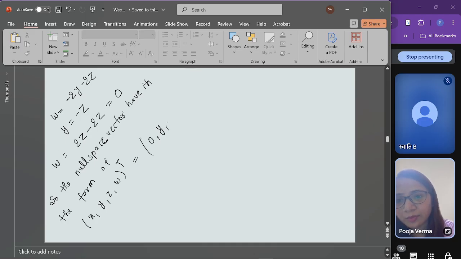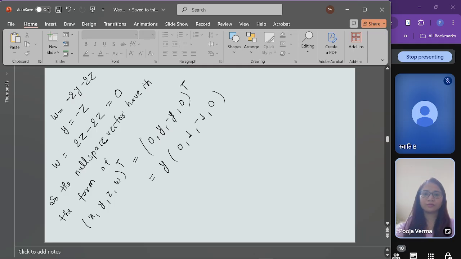Now z we have got is minus of y from here, so z is equal to minus y, and w we have got 0, transpose, right? Now can we write this equation in this form also, 0 1 minus 1 0 transpose? We can write it, right? So you can say that this is a C vector for the right camera matrix.